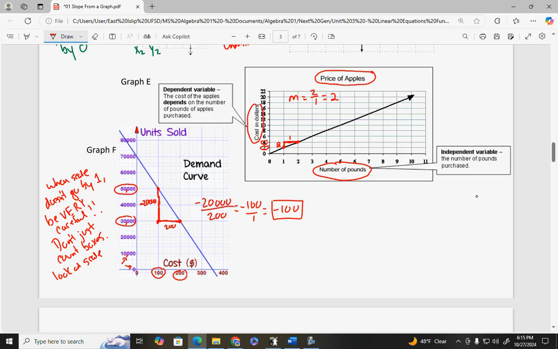So if we go back to this 2 over 1 and put our units, 2 is the cost, while 1 is the number of pounds of apples. So it's actually telling me that my cost increases $2 per pound of apple, per 1 pound of apple.